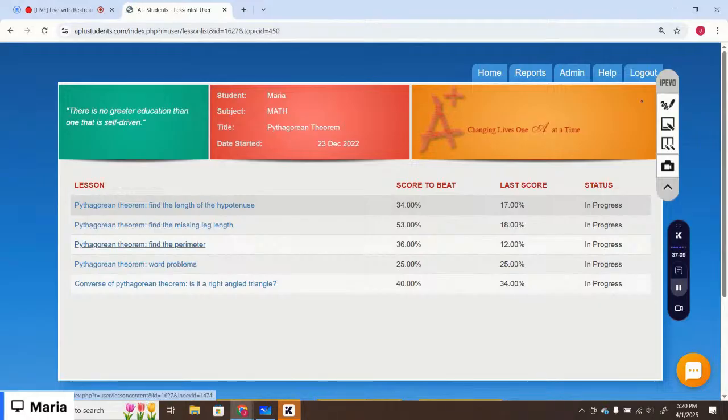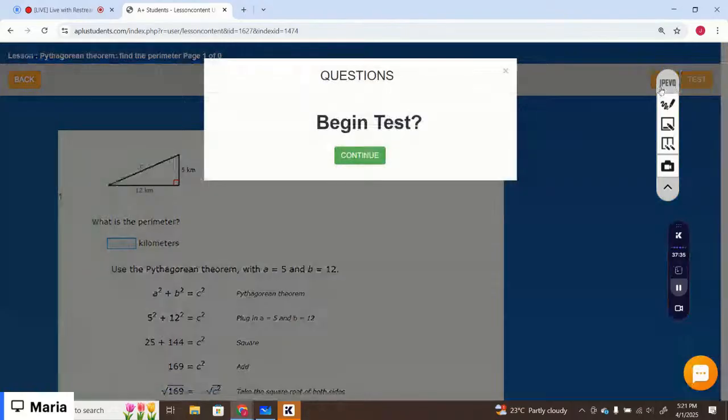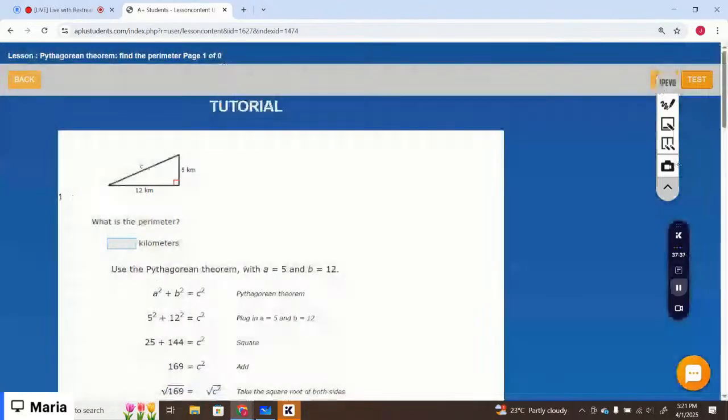The next lesson is Pythagorean theorem, find the perimeter. What is the perimeter? Let's just start with the test questions.